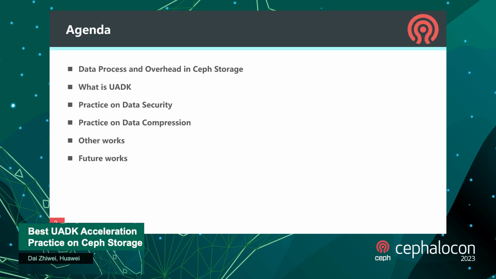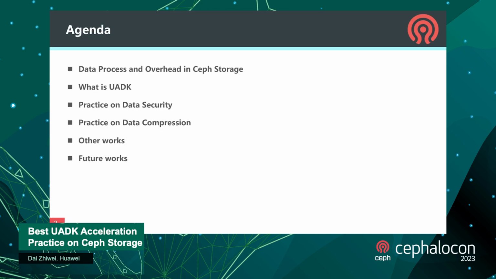My talk consists of 5 parts. In the beginning, let's overview data process structure and overhead in Ceph. And then our solution can offload overhead to hardware: what it is, what ability it has, and how to use it.